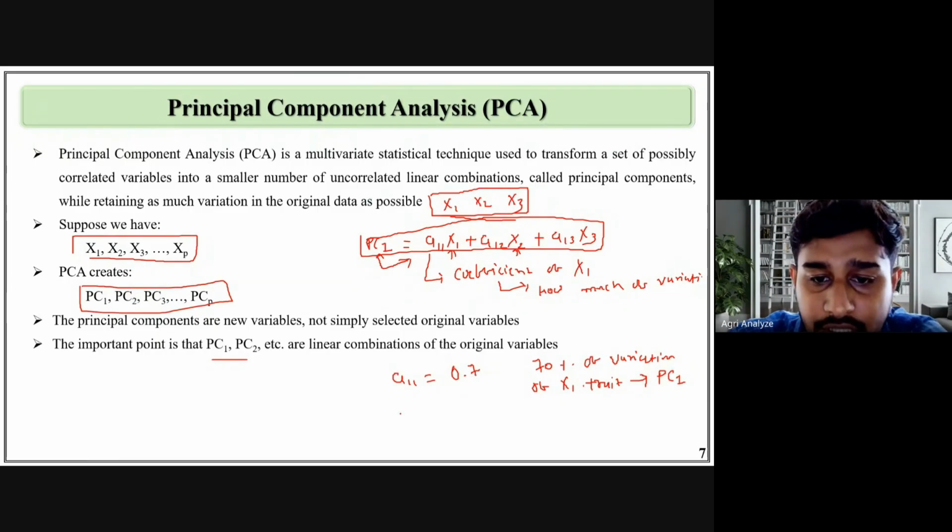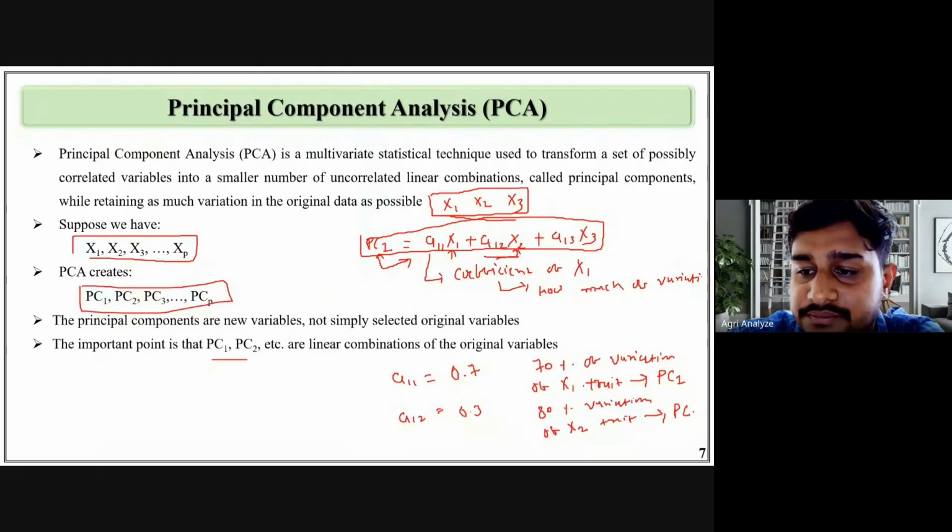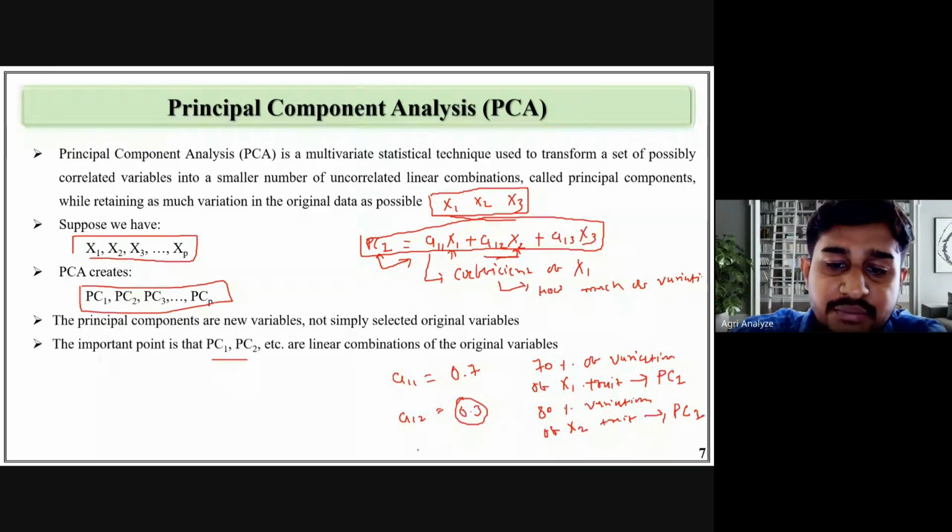A12 is the coefficient for our x2 variable. If it is found to be 0.3, it means 30% of the variation of the x2 variable or x2 trait was explained by PC1. The remaining 70% for the x2 variable was explained by another principal component.